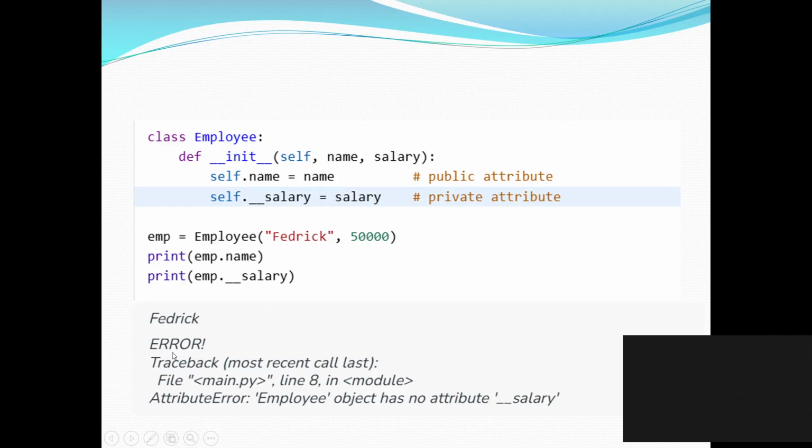It gives an error. Why? Because Python says attribute error, as an Employee object has no attribute called salary. Even though it is clearly visible, Python can't access it as it's a private attribute and it's hidden from the outside. We can access these things only inside the class itself.